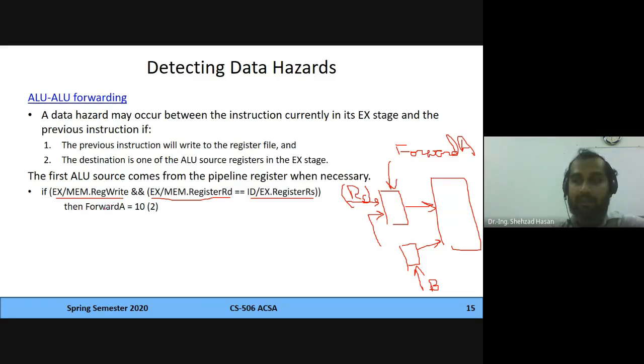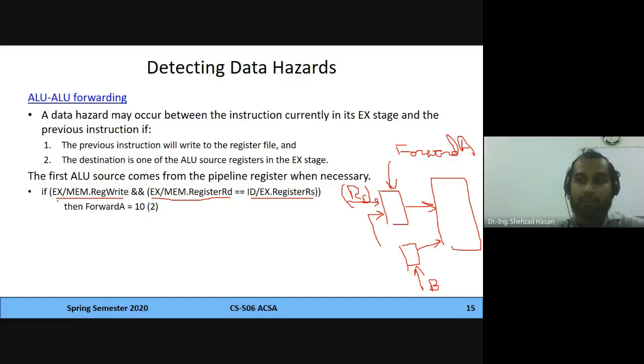Now it can happen that these register codes match, but the previous instruction is not an add instruction, rather it's a branch instruction, and branch instructions don't write to any register, and you don't need to forward anything in that case. So in order to avoid the branch instructions, we have explicitly mentioned that the first instruction, the instruction which is producing the result, should be an instruction which is going to write to the register.